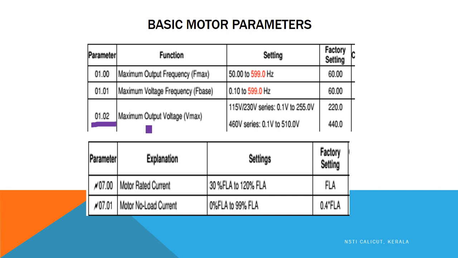Suppose you are operating a three-phase motor, you will set maybe 440 itself, or 230 or 240 for the single phase system. And we are specifying the maximum frequency, maximum voltage frequency and maximum output voltage to be supplied to the motor.